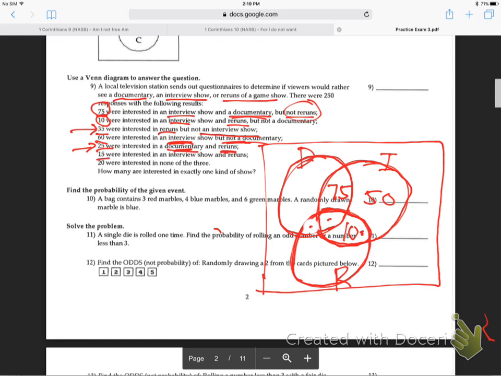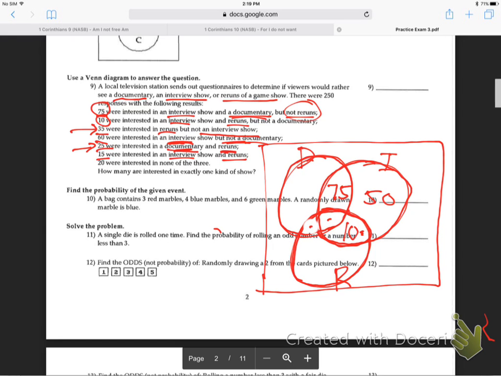15, we're interested in interview and reruns. 15, I and R. Be careful.